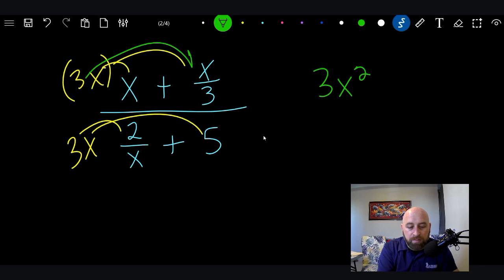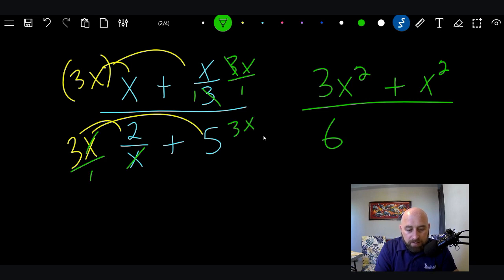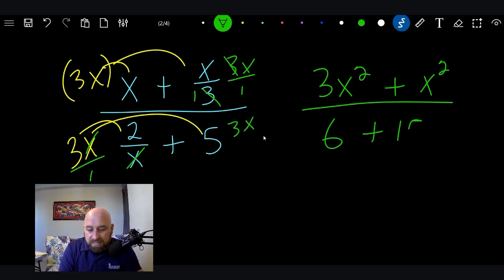When we take 3x times this, this cancels to 1, and this cancels. So we get x times x, so we get x squared up top. We'll do the same thing here. This cancels the x, and we get 6. And then if we multiply this by 3x, we get 15x over here.